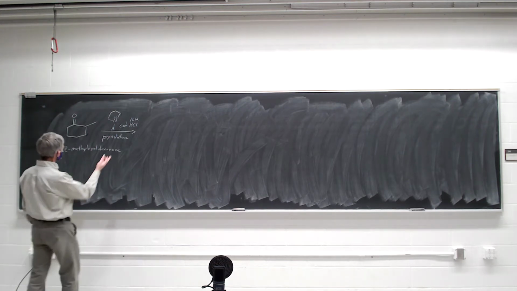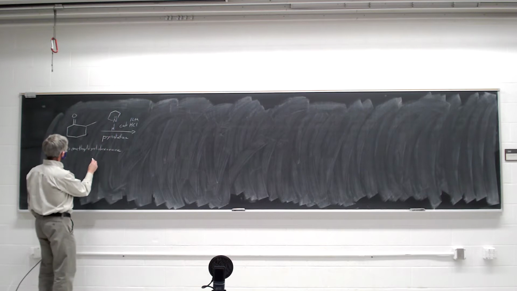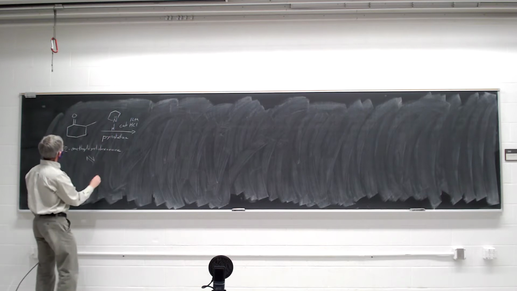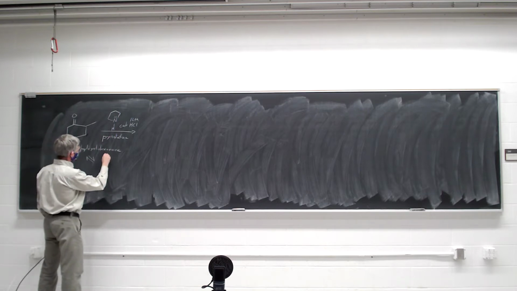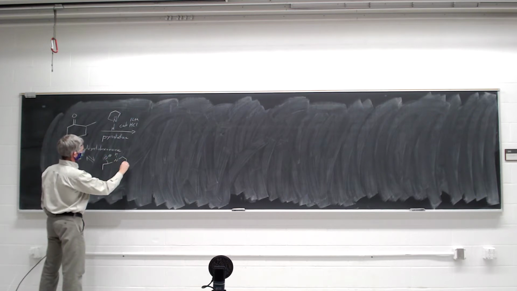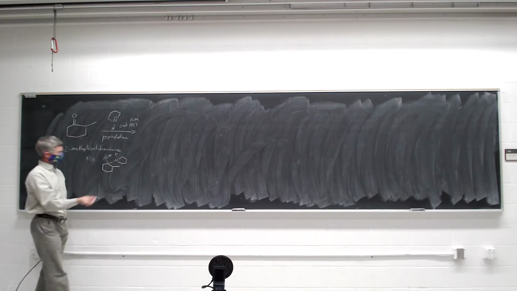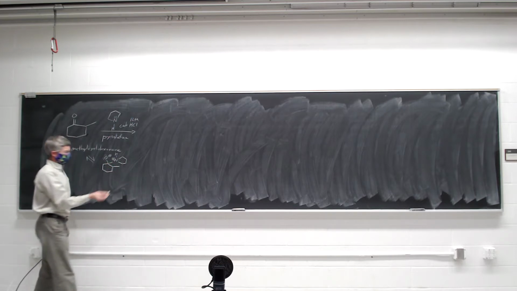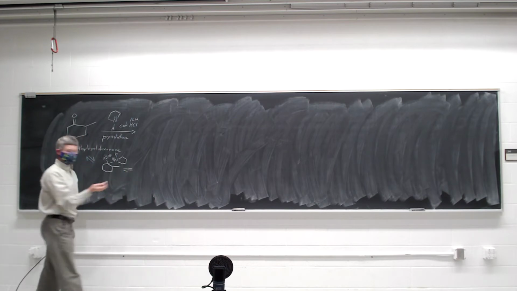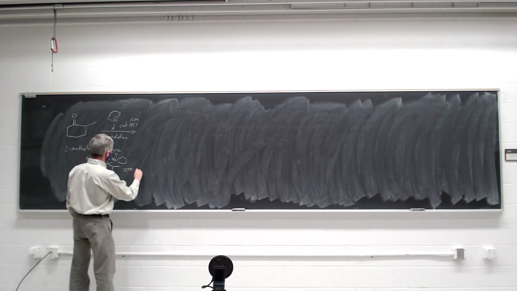So we're going to do the same series of steps, right? We're going to attack the amine to generate that compound. And I'm not showing the arrows for the mechanism.